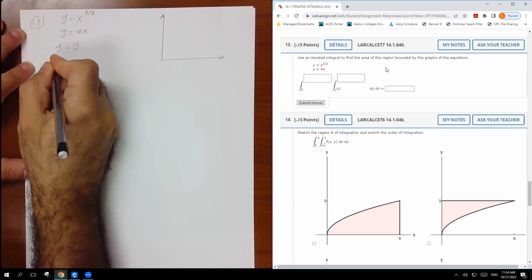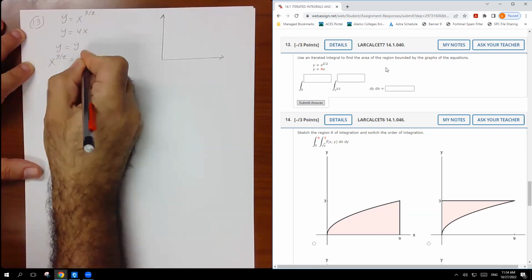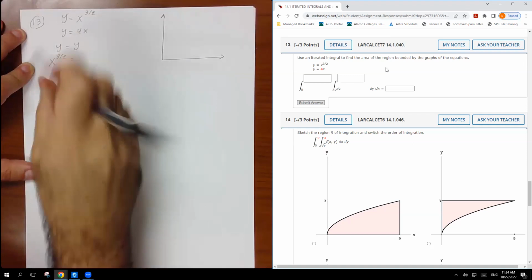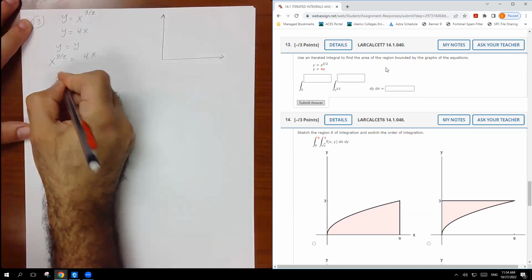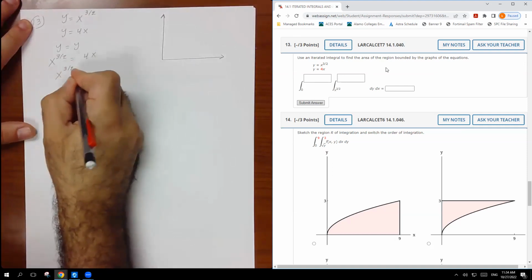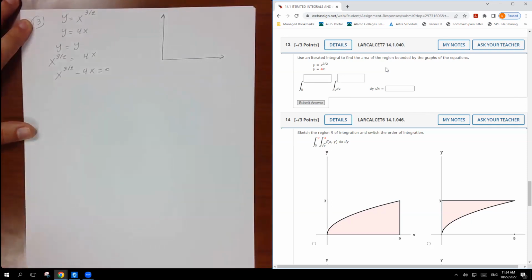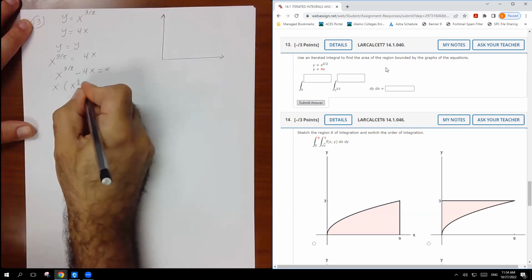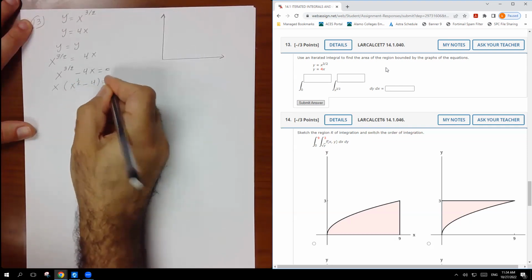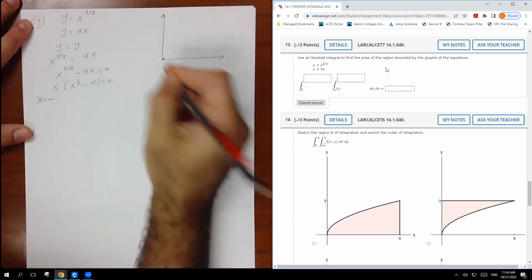That means x to the 3 over 2 is going to equal 4x. Then move the 4x to this side, so x to the 3 over 2 minus 4x is going to equal 0. Then let's factor out the x. The left is x times x to the half minus 4 equals 0. That means x equals 0. This is the first boundary for the x.